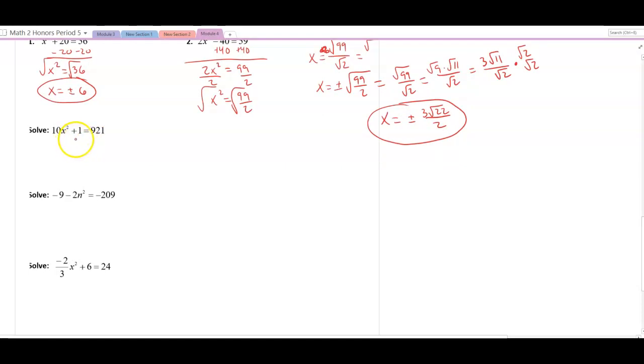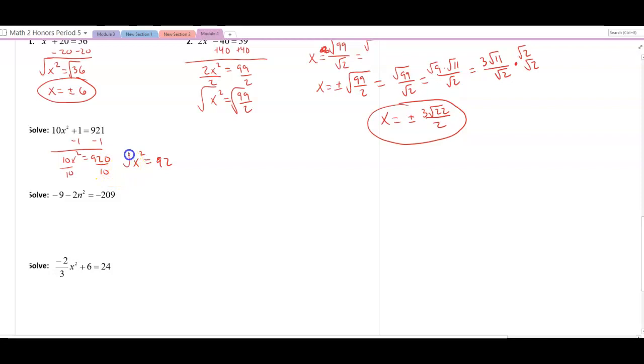Okay, next one. I'm going to subtract 1 here. I get 10x squared equals 920. Then I'm going to divide by 10, and I get x squared equals 92.